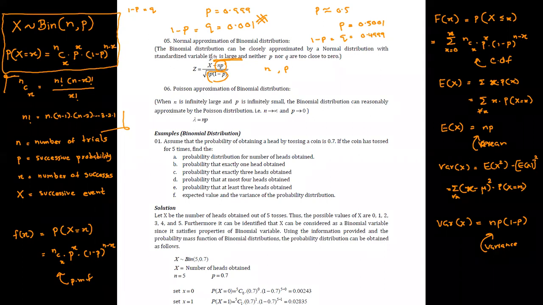That is why we say the binomial distribution can be approximated by a normal distribution. The concept behind this approximation is that n should be a large value, and neither P nor Q should be close to 0.